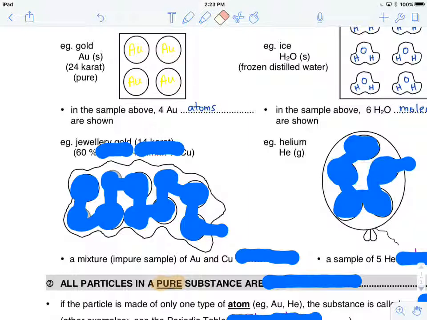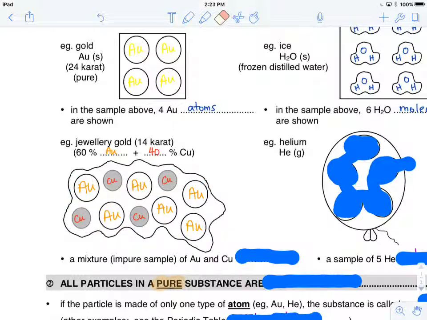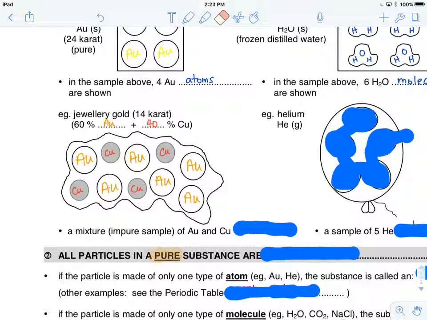Jewelry gold, so 14 karat gold, which is a little bit different, is actually a combination, 60% gold atoms and 40% copper. And so we might get a sample that looks something like this, where we get gold and copper mixed together. So this is a mixture, which is an impure sample. This is made up of gold and copper atoms.